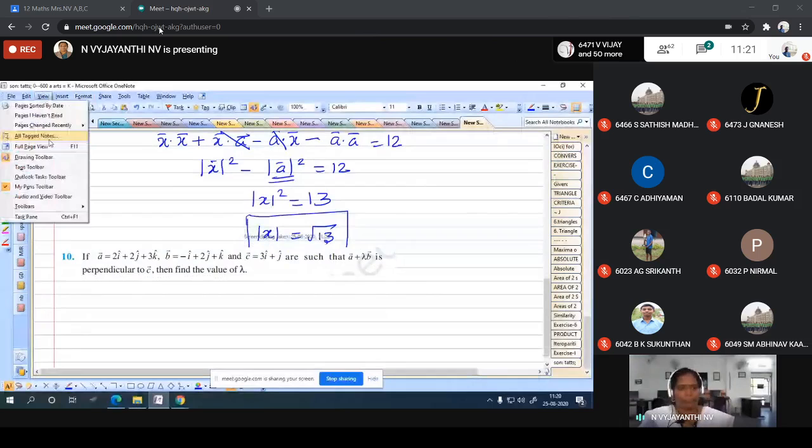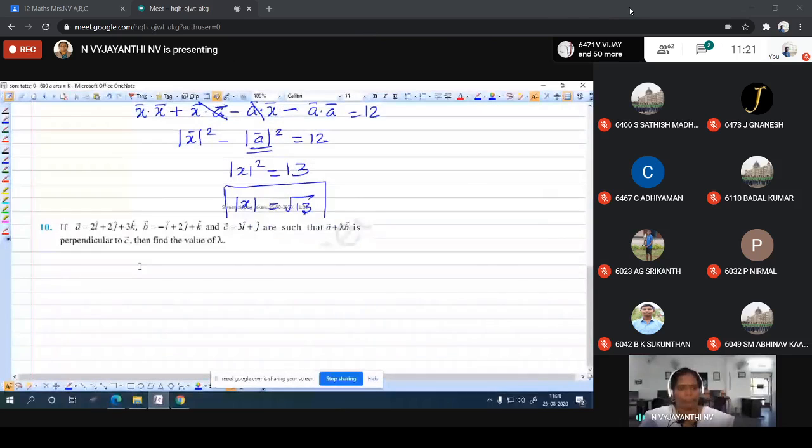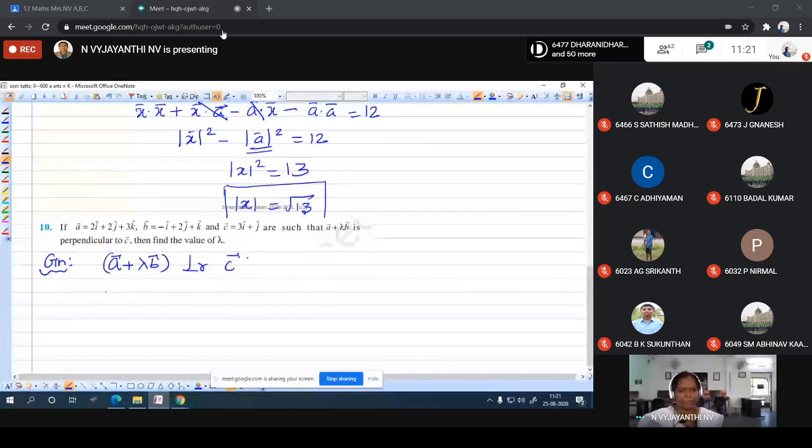A, B, C three vectors are given. Moreover, they have given A vector plus lambda B vector is perpendicular to C vector. What do you mean by this? Dot product will be equal to 0.